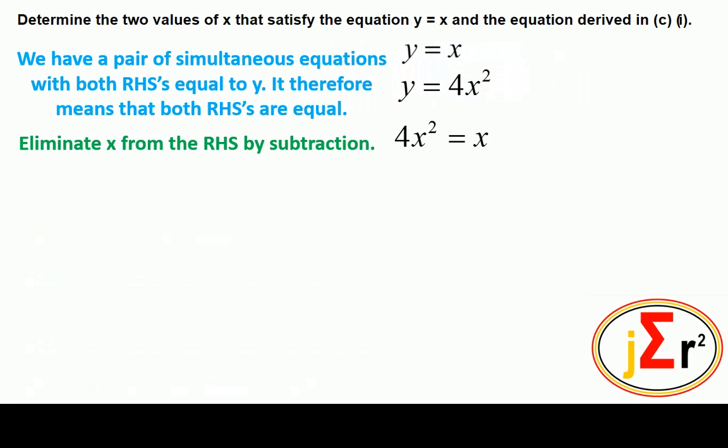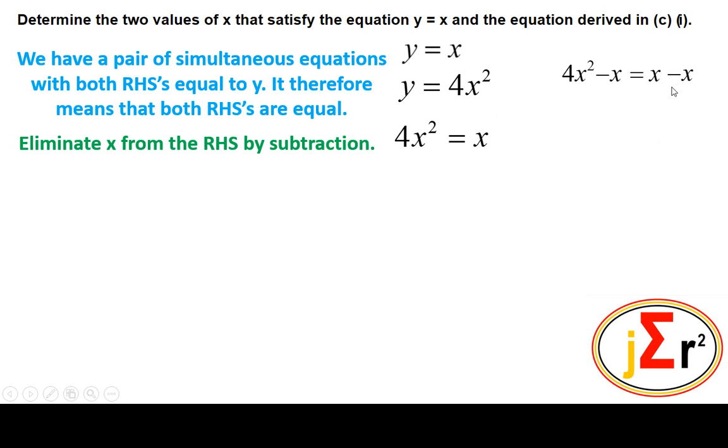Eliminate x from the right-hand side by subtraction. We have 4x squared is equal to x. The first step in solving this equation is to eliminate x from that right-hand side. We are accumulating all of the terms on the left-hand side, and of course we will be equating to 0. So we will eliminate this x from the right-hand side by subtracting x.